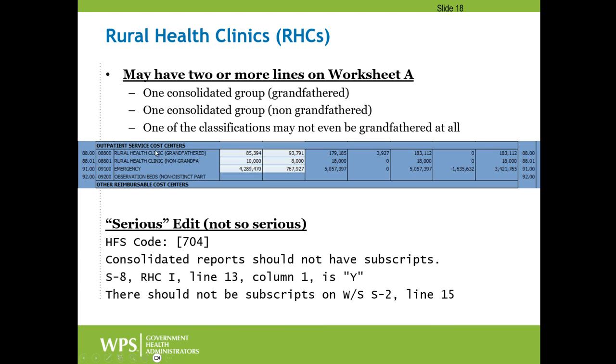It's all within a group or nothing, but with each group you could technically make your own decision. There is a serious edit in HFS, the cost reporting software, but serious is a little bit of a misnomer. It says consolidated reports should not have subscripts. Of course, that's not true anymore. There could be subscripts, 88.01, 88.02. That's perfectly fine.